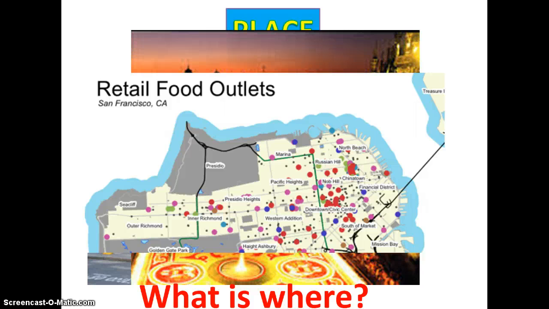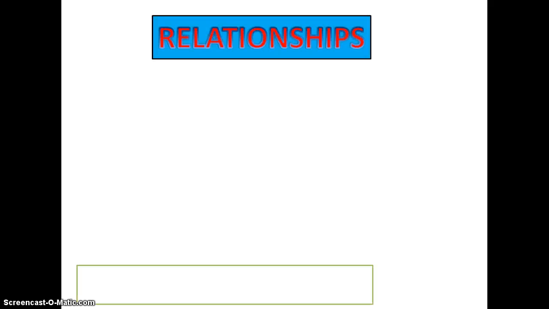So once a geographer has determined or mapped, if you will, what is where, they want to understand the relationships and interactions that occur both within that particular place that they've just described and between that place and other places. So we're going to look at a series of images here that reflect either relationships or interactions both within and between different places and spaces in the world.